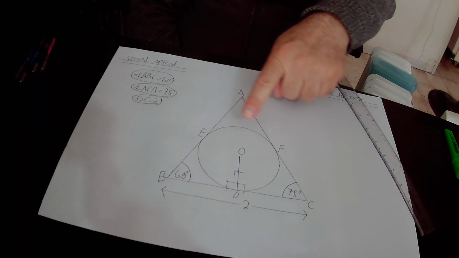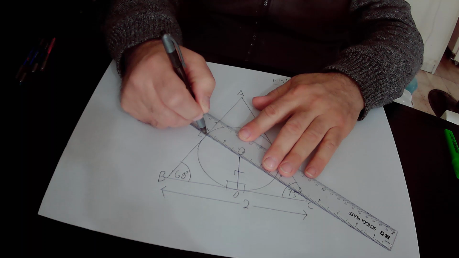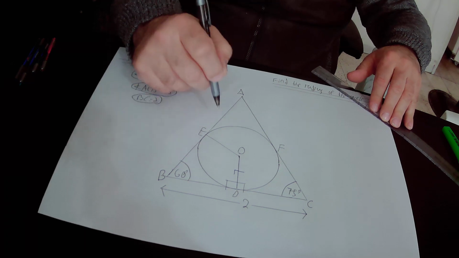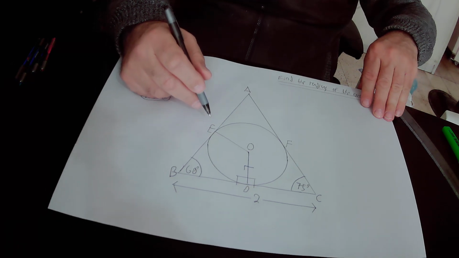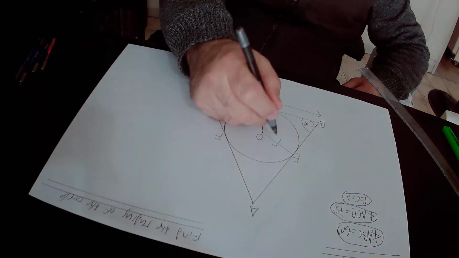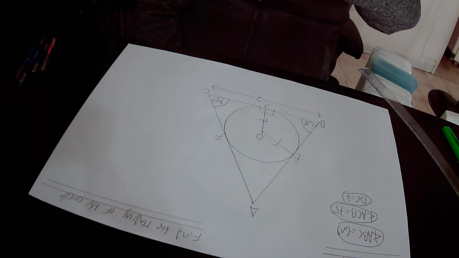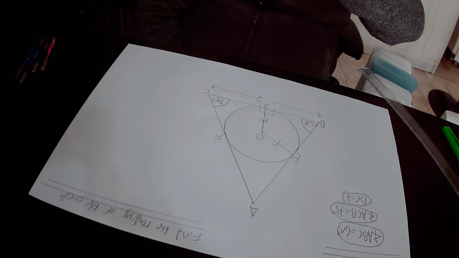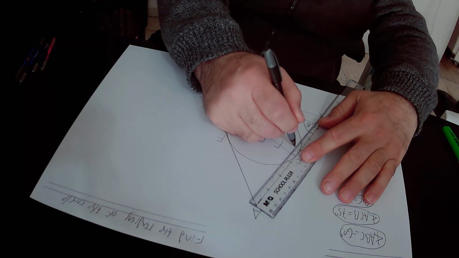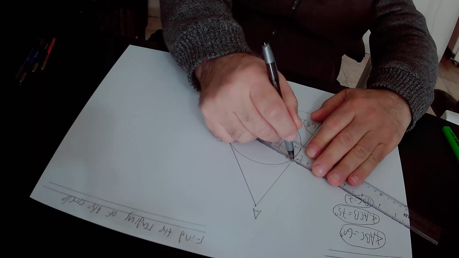Likewise, we join points O and D together by a straight line. OE is the radius of this circle that is equal to R according to our definition. And we have the radius OE that is drawn to point E. Therefore, according to rule number 1, this angle equals 90 degrees and this angle equals 90 degrees.